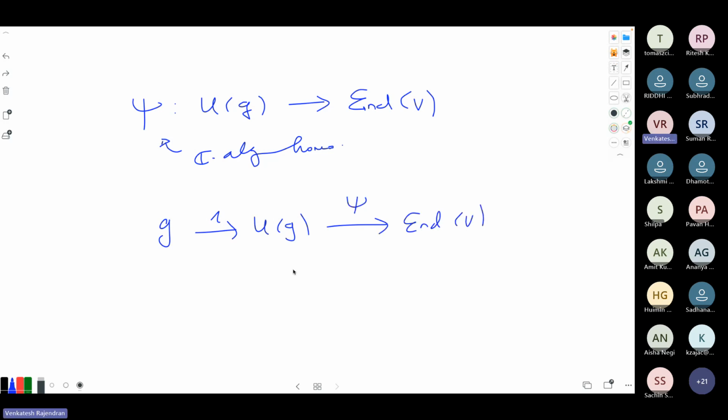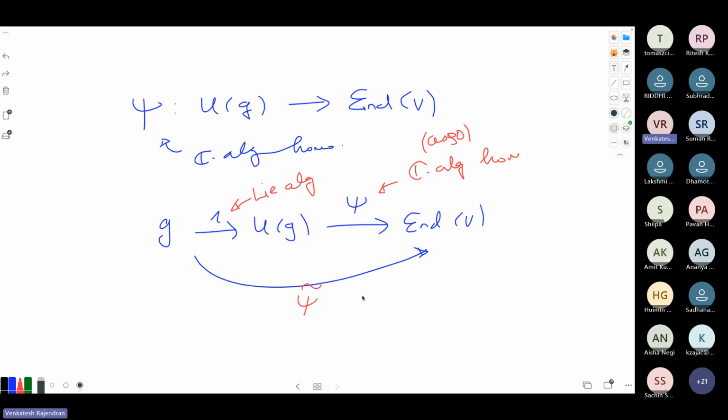Then you actually get a map from g to endomorphism of V. If you think about it, because g to UG is a Lie algebra homomorphism, and this is an associative algebra homomorphism, that will imply that this composition, which we again call Xi tilde, is indeed a Lie algebra homomorphism.